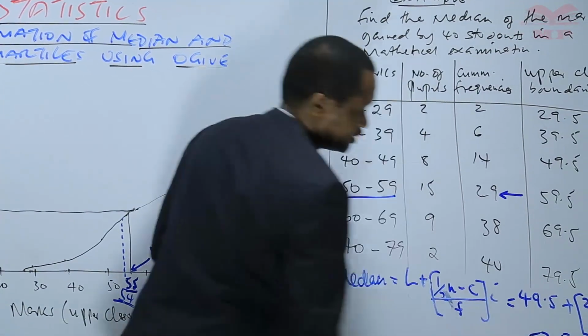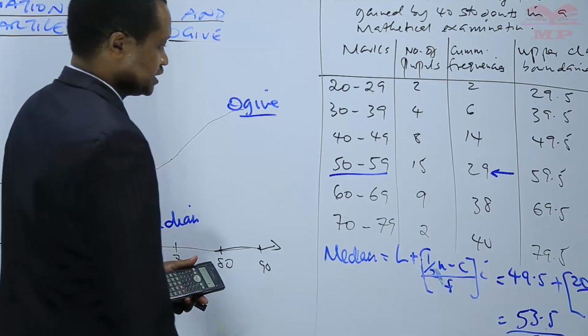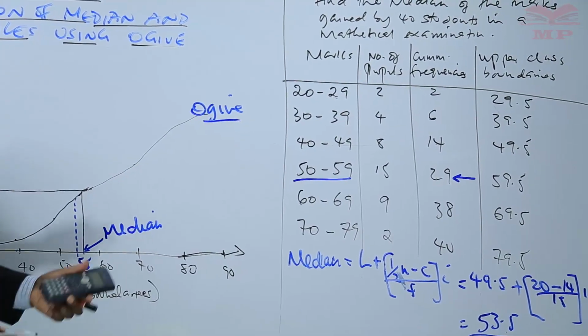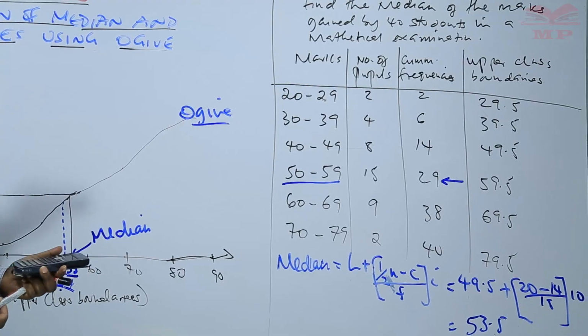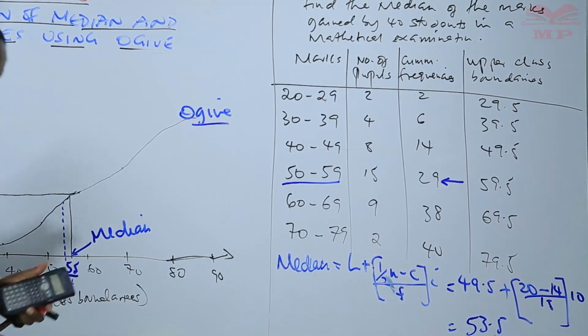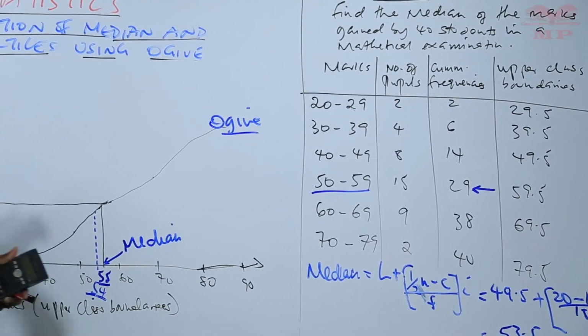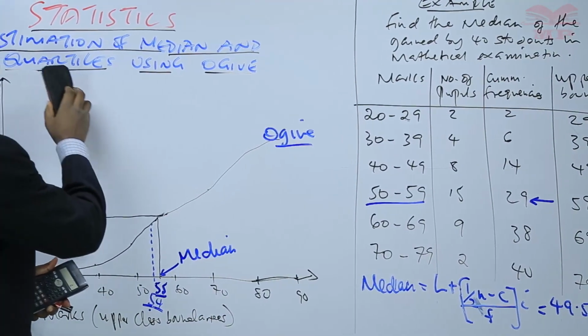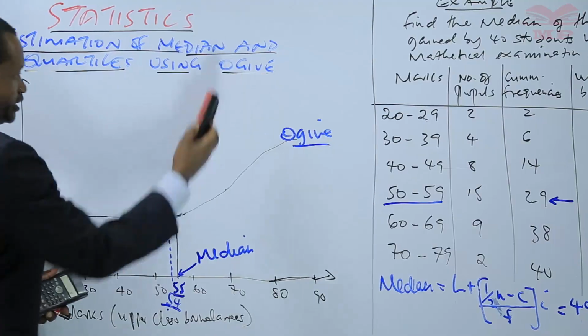If you round off 53.5 to the nearest whole number, that will be 54, which is the median estimated from an ogive. So learners, that is how to estimate the median using an ogive.